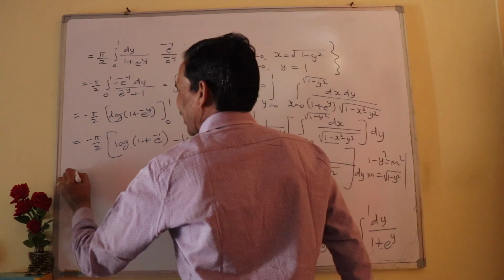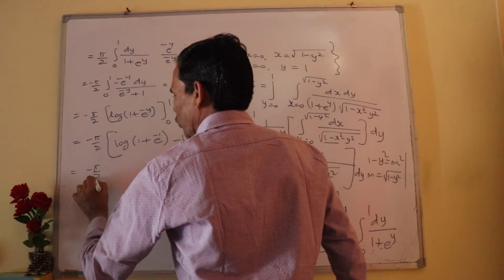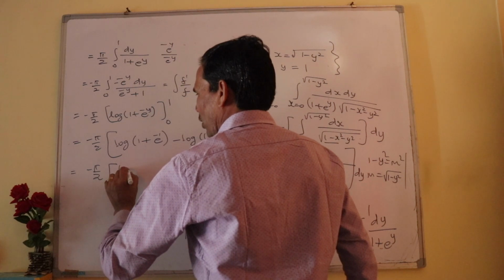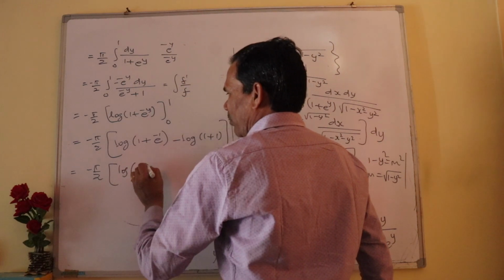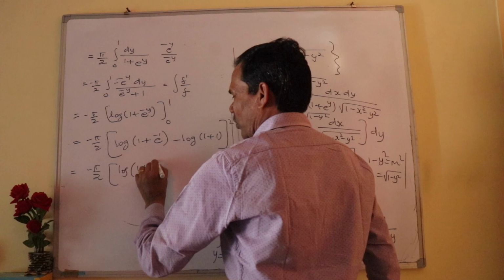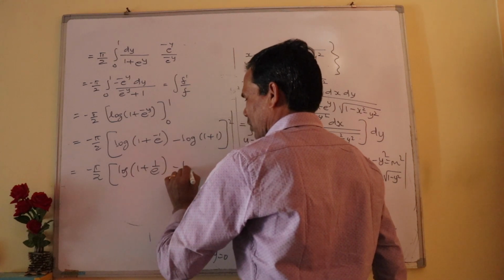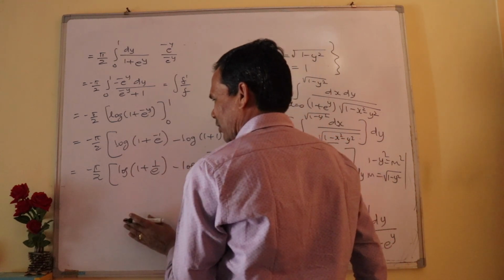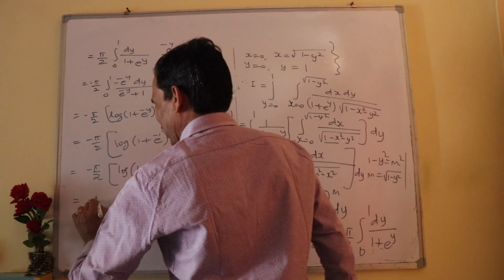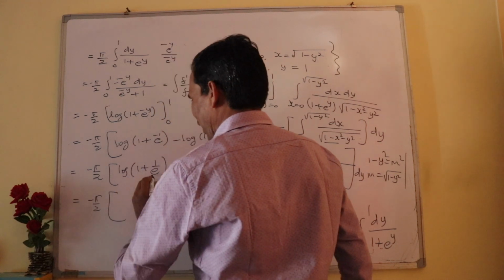So you are getting this as minus pi by 2 inside the bracket log of 1 plus 1 upon e minus log 2, something like this. So you can simplify this, minus pi by 2 inside the bracket.